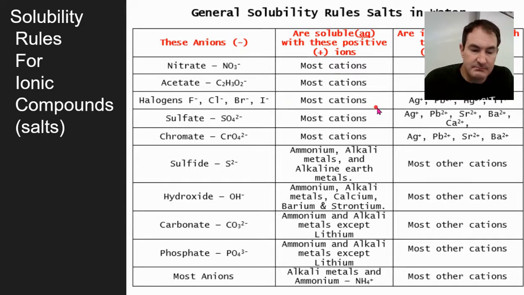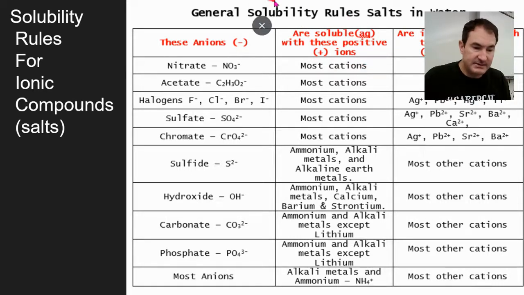Well, this column says most cations, so we just need to make sure that sodium's not in this group. It's not. This is silver, lead, mercury, and thallium. So sodium fits in the most cations category, and sodium chloride is going to be aqueous. It's soluble, meaning it dissolves in water.